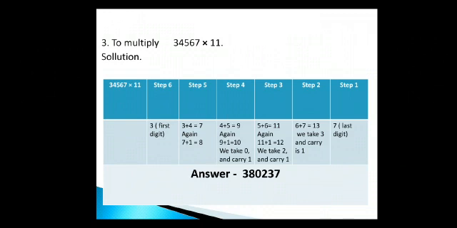Again in step 5, we will add 3 plus 4, that is 7. Again the carry is 1, so we add 7 plus 1, that is 8. At step 6, the last digit is 3. So the answer is 380237.